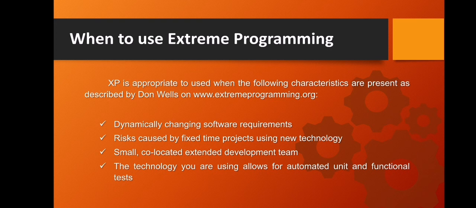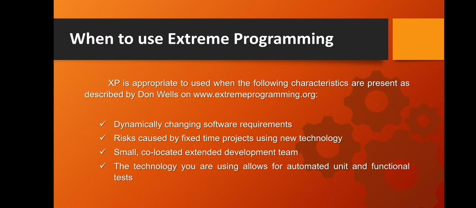Next we have small co-located, extended development team, and lastly, the technology you are using allows for automated unit and functional test. So those are the things that need to be considered when using XP programming.